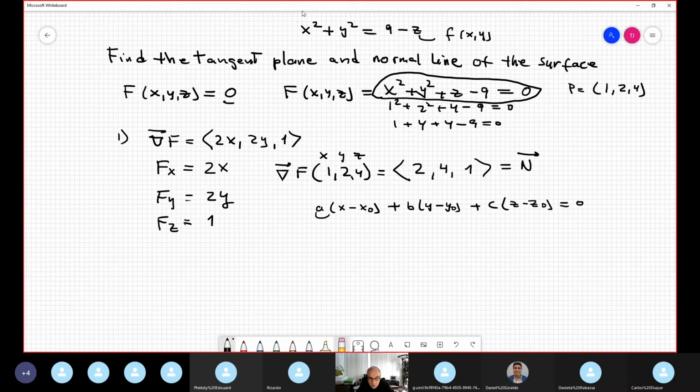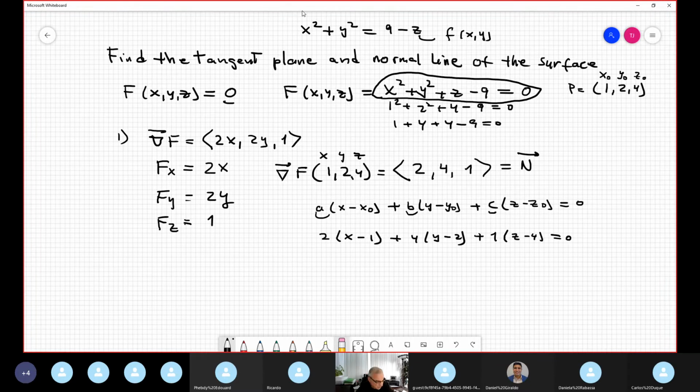And who is A, who is B, and who is C is these components, 2, 4, and 1. Entonces, 2 times x minus something, and something is the component of the point, is 1. This is x null, y null, z null, in my example. Plus 4 times y minus 2 plus 1 times z minus 4 equal to 0.